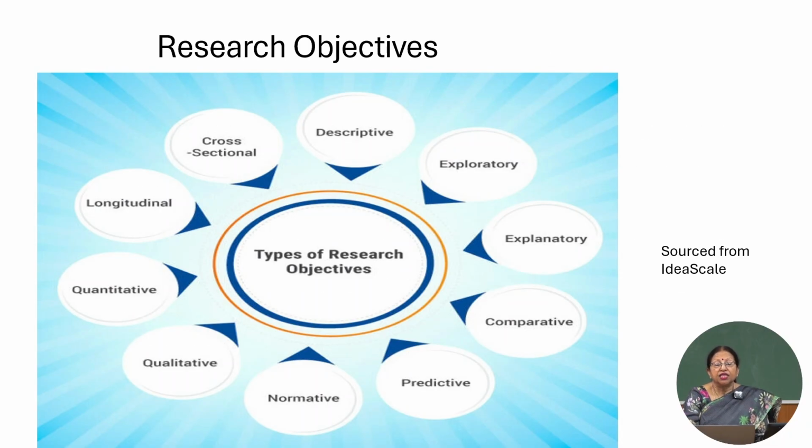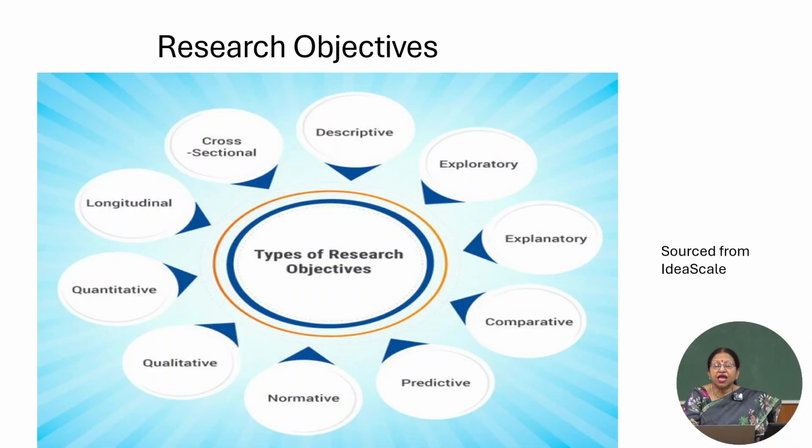So this is a very nice slide which I found, that the types of research objectives for different people could be different. For me, it can be qualitative or quantitative. For you all, it can be cross-sectional, descriptive, exploratory, explanatory, comparative, predictive, normative, and so on.